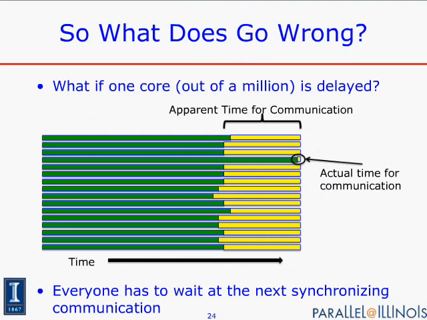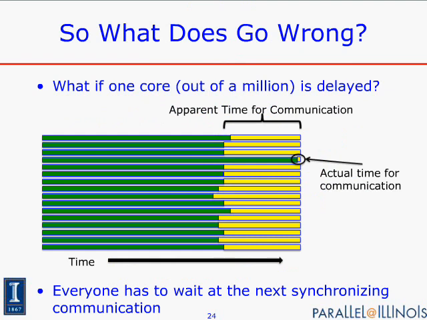It might be late because the computation on that part of the mesh had a lot of very small numbers and caused what are called gradual underflows in the IEEE arithmetic, which are not handled as fast in the hardware as the other floating point computations. I could go on and on about why I might find that one of these cores is slow.